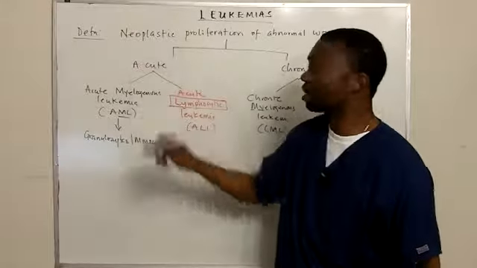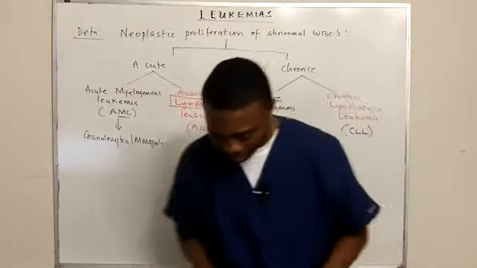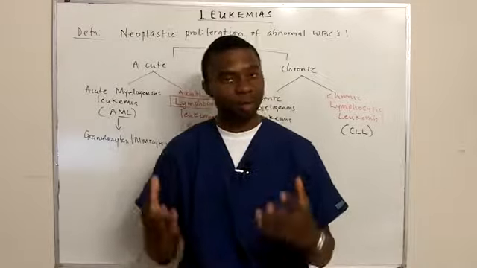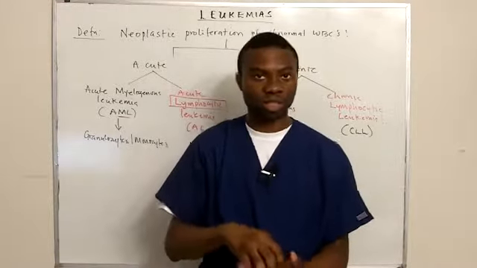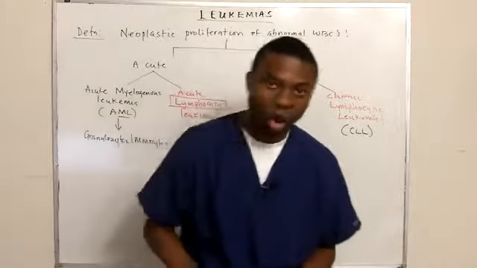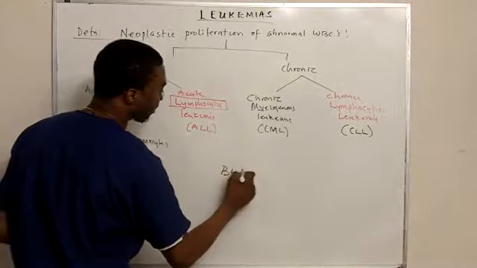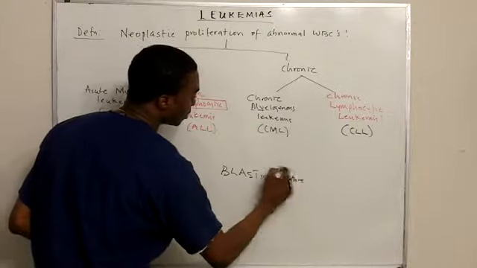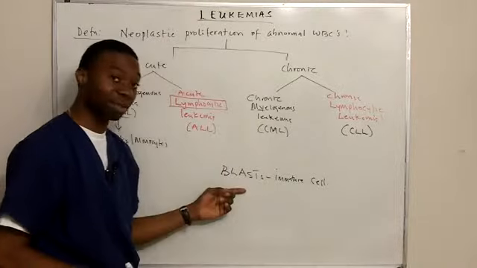The difference between acute and chronic leukemias is often due to the rapid progression of the disease. What do I mean by that? We have immature white blood cells in the blood. The name of those are blast cells. So every time you hear blast, think of immature cell lines. Immature white blood cell lines are known as blast cells.